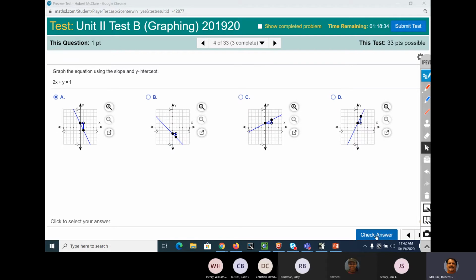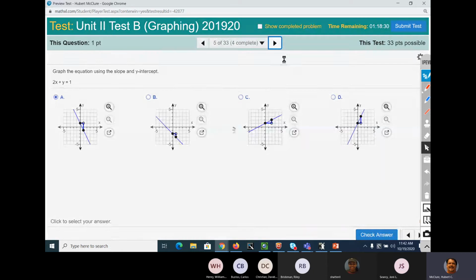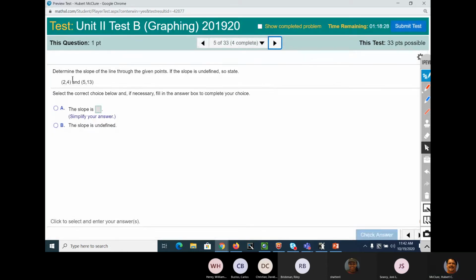Next, oh, do we check it? We are right. We feel good about ourselves. All right, what's the slope? Well, we got to use our formula. Calculate the slope.